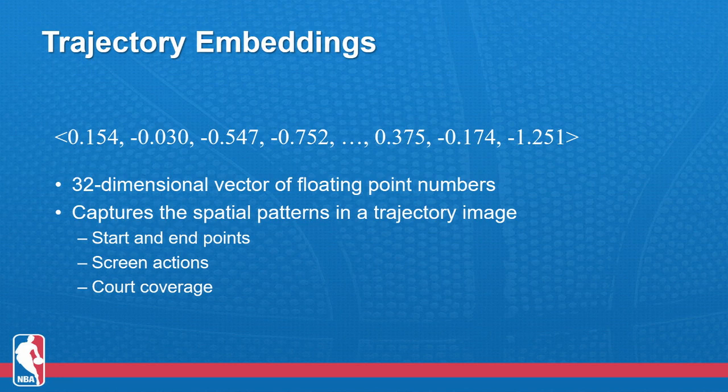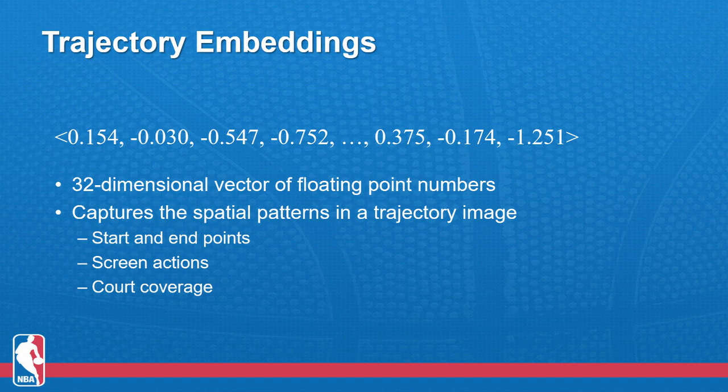As a quick recap of what we've done so far, we began with raw SportVU time series data. We decided to represent this data as a set of 5 images for every possession on offense. We still realized that this set of images was too expensive to search directly, which motivated a deep learning solution.